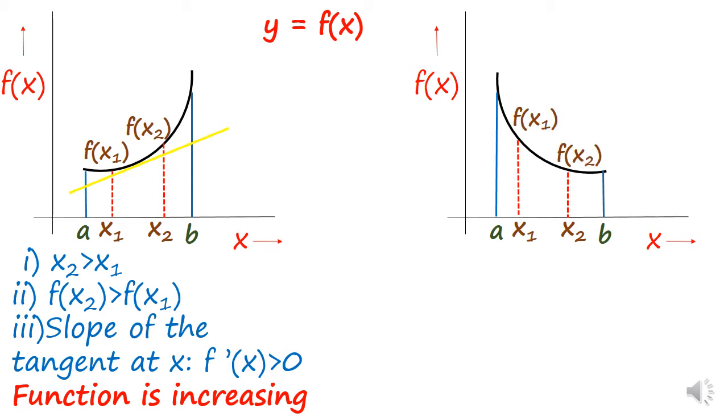What do we observe over here? Again, the first observation is the same, that is x2 is greater than x1. Now observe the position of f(x1) and f(x2). We find that f(x1) is at a higher position as compared to f(x2). Thus we say that f(x2) is less than f(x1).